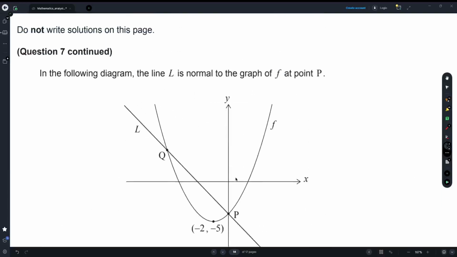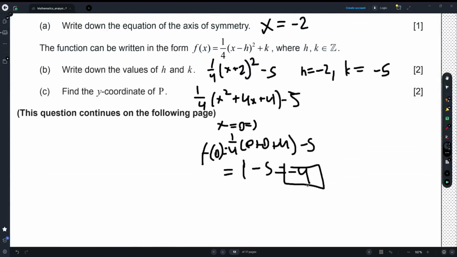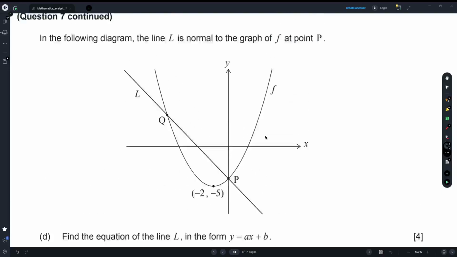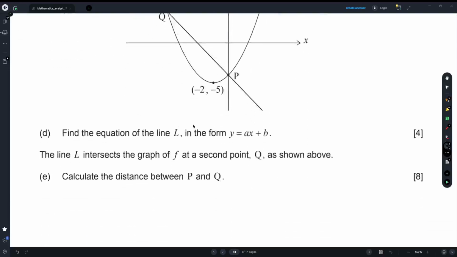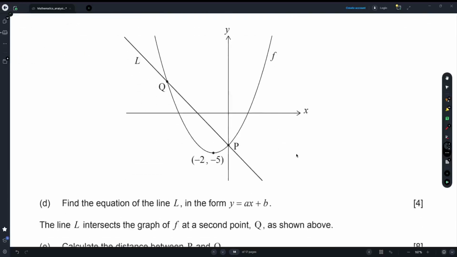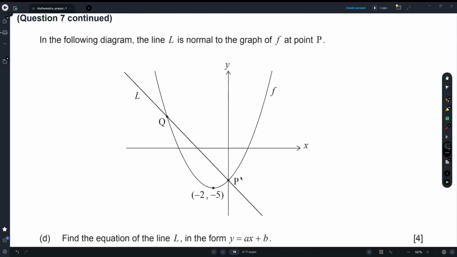If it's normal to the graph of f at point P, and the y coordinate of point P is minus 4 and x is 0, we need to find the derivative of this graph, and then to get the normal, we just get the negative reciprocal of that and evaluate it at this point right here.